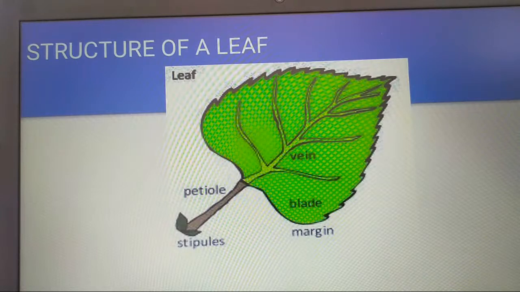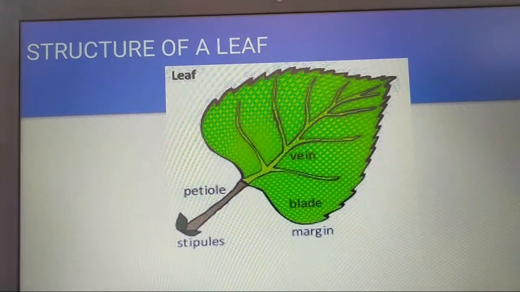So the leaf blade is attached to the stem of the plant through a tiny stalk, which is called as petiole, or you can also say leaf stalk. It is the short, narrow, and cylindrical part of the leaf that joins lamina to the stem. In some plants, the leaf is directly attached to the stem without a leaf stalk.